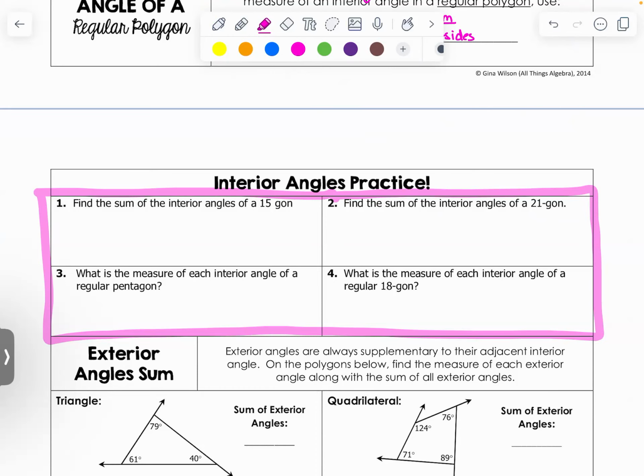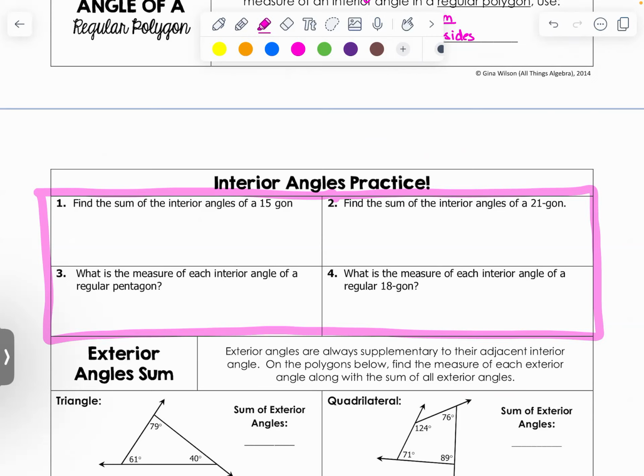You don't have to talk me through it. 2,340. Then 19 times 180. Wait, it says 21. Oh, I know what I did wrong. We did minus 2. 3,420.